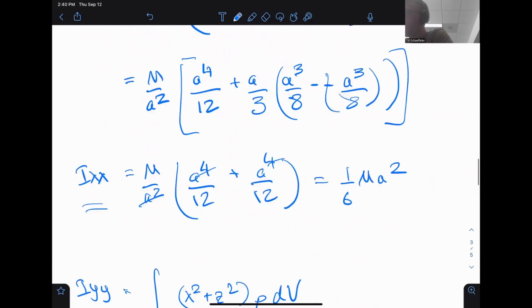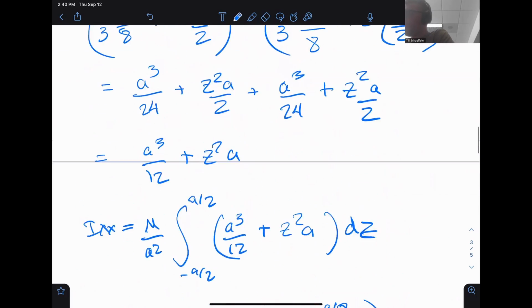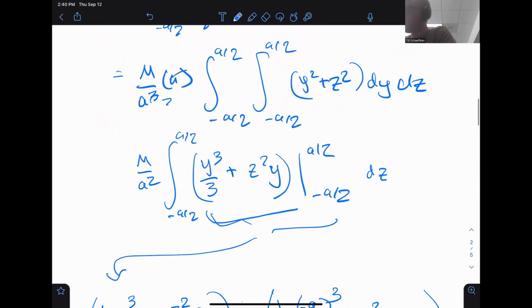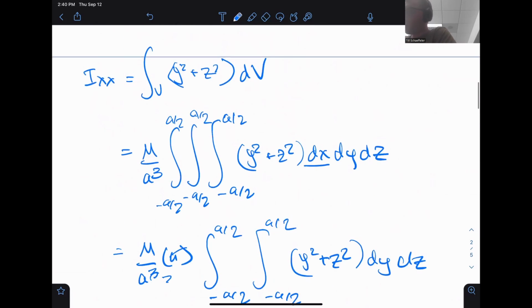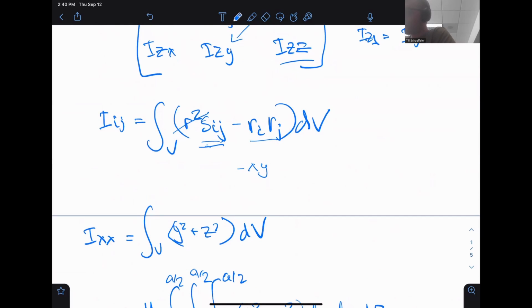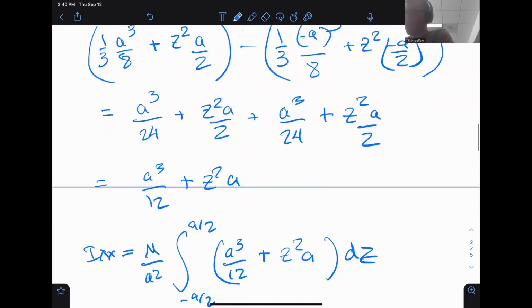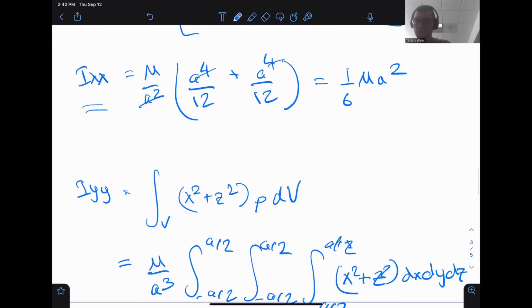And all the other off diagonal elements are going to have a very similar story, because it's always the integral over one of the coordinates just to the power 1. I can do one more.